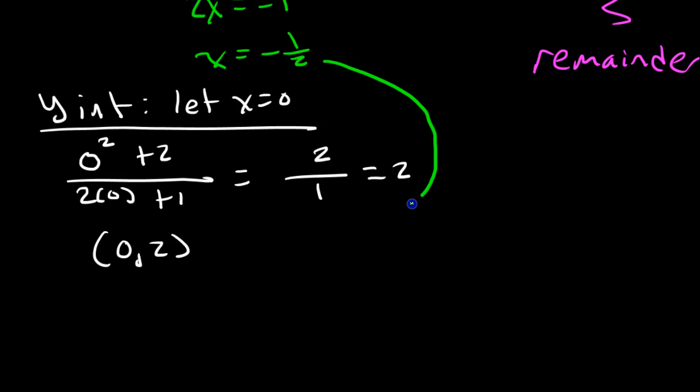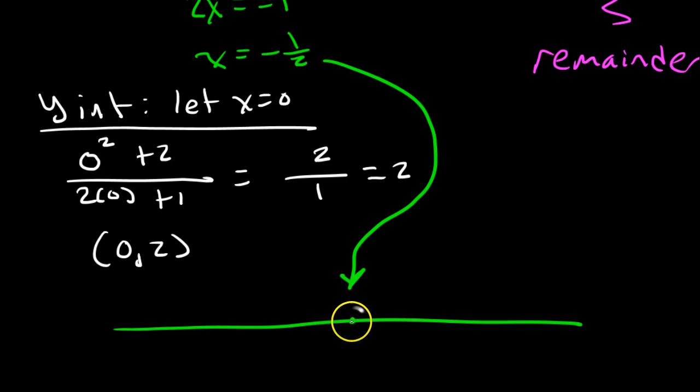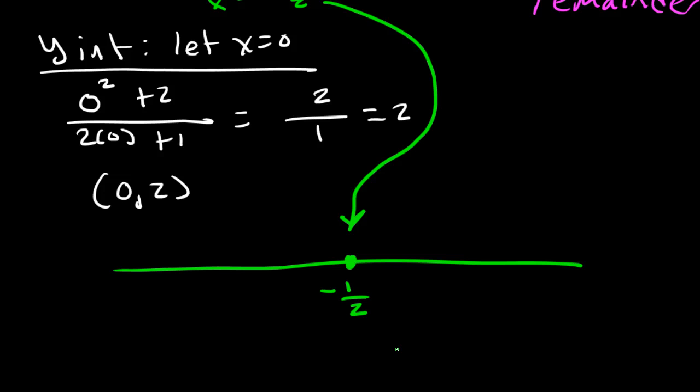If I take this vertical asymptote and put it on a number line, I have -1/2. Now, imagine that I put some whole numbers around that, going to the left and to the right.